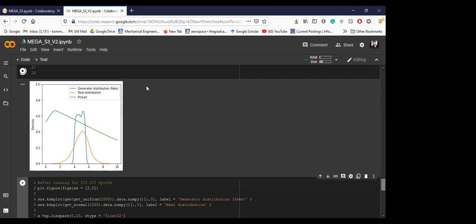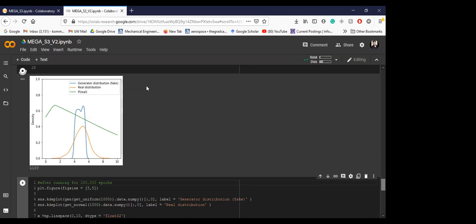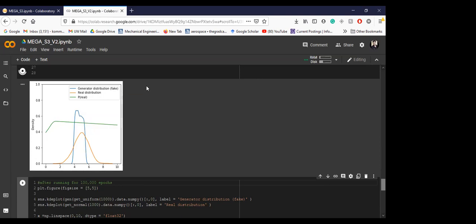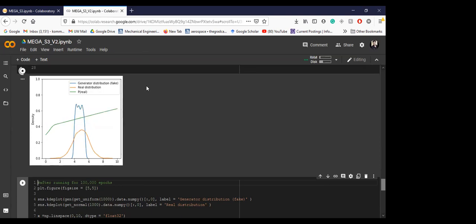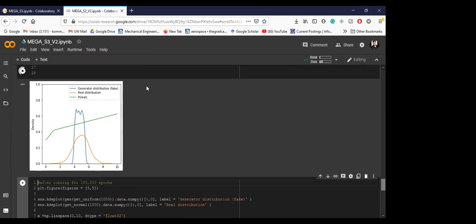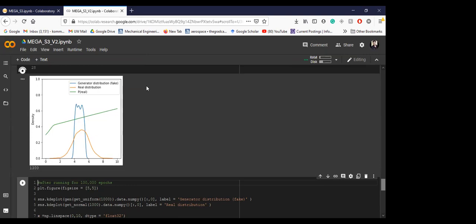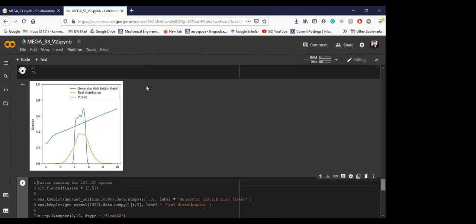I think while it's running, it'll be interesting to look at the game theoretic approach of these two models. We have two agents in this game which are fighting against one another: a generator and a discriminator.